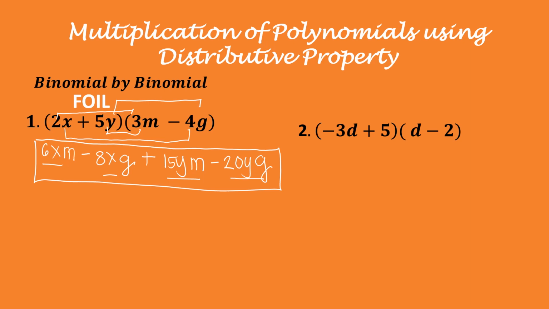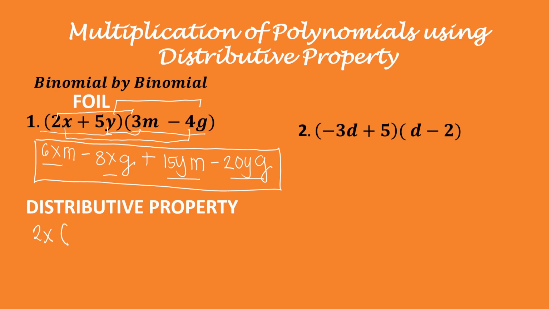Now let's proceed to the distributive property. The distributive property is telling you to take the first term of the first set. Remember that we have two sets of binomial, the first set and the second set. From the first set, the first term is 2x.